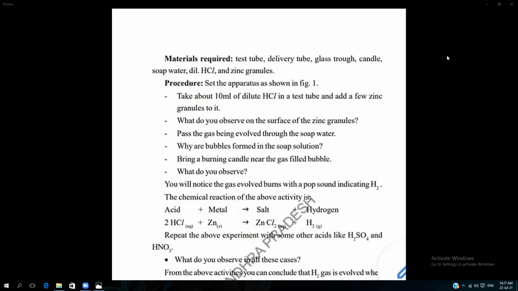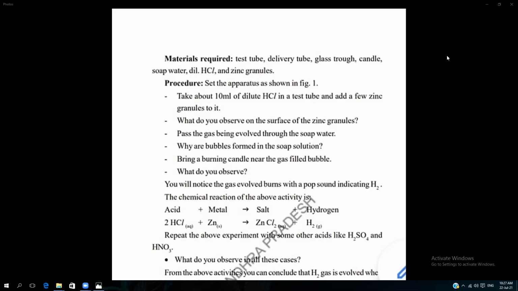Hydrogen is a gas. They are mentioned here. HCl is an aqueous solution and zinc is a solid. What is zinc chloride? Solid, sir. It is also aqueous, it is a liquid salt. Zinc chloride is a salt, and H2, hydrogen, is a gas.